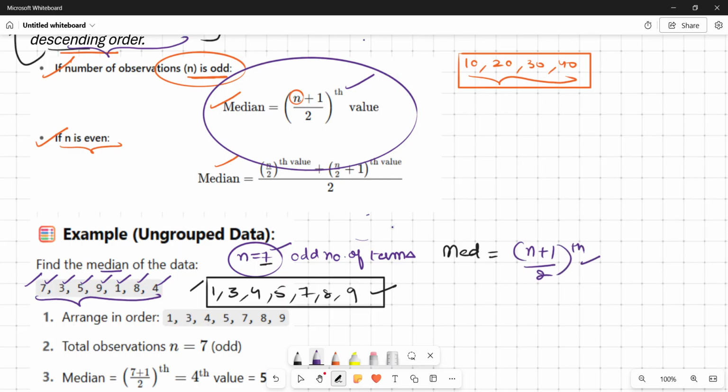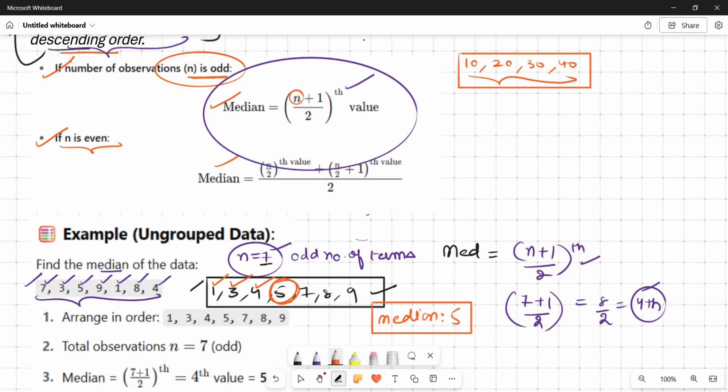Our n is 7, so 7 plus 1 by 2, that will be 8 by 2. 8 by 2 is 4. That is, our 4th term is the median. So now start counting 1, 2, 3 and 4. Now this is our median. So the median of the data is 5. This is our final answer.